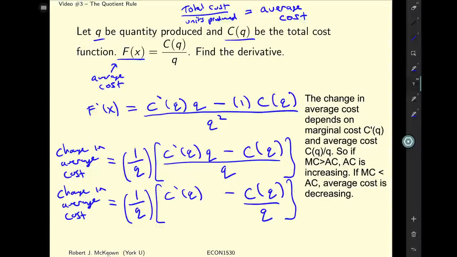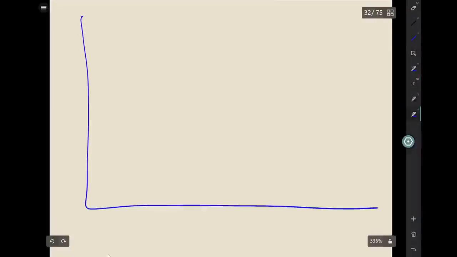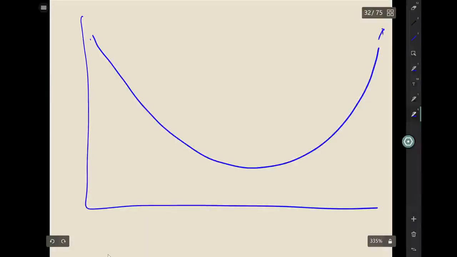Now, what does this look like on a diagram that you might have seen in Econ 1000? Well, if I draw something like that, I've got my average cost curve, and it looks like that.